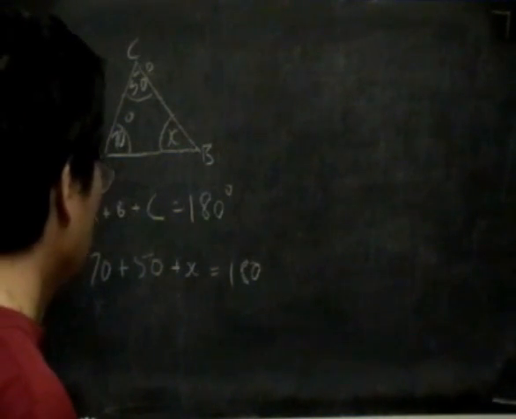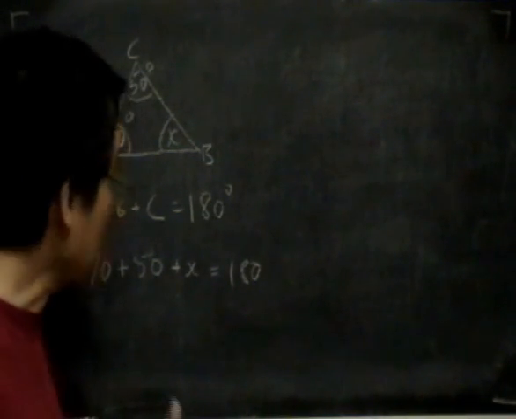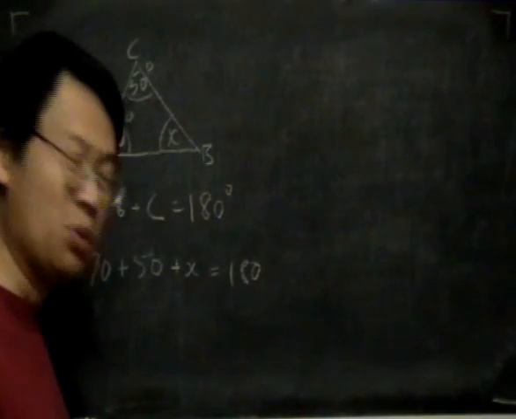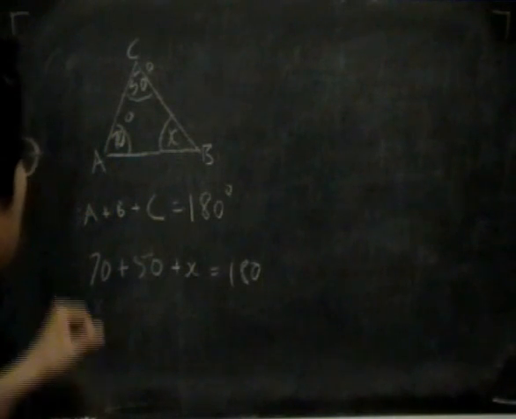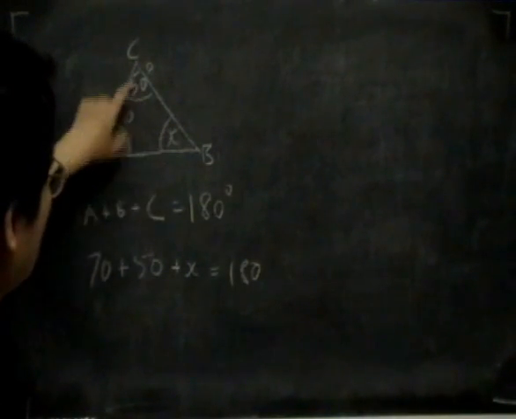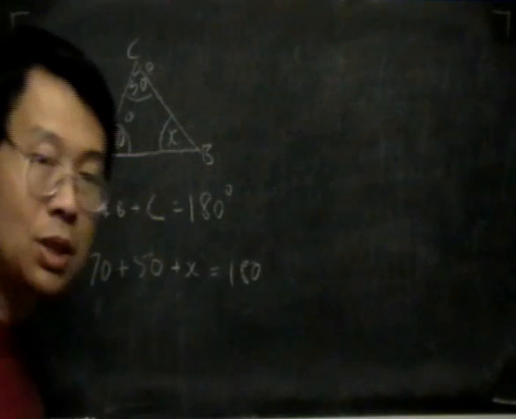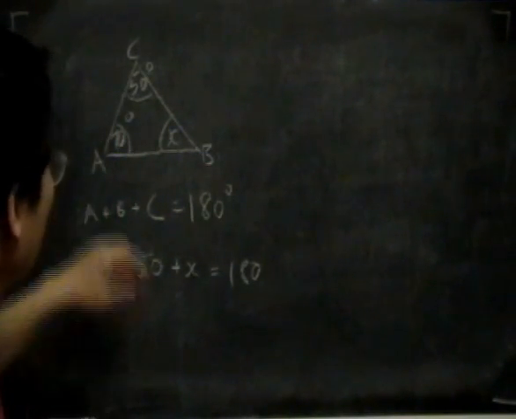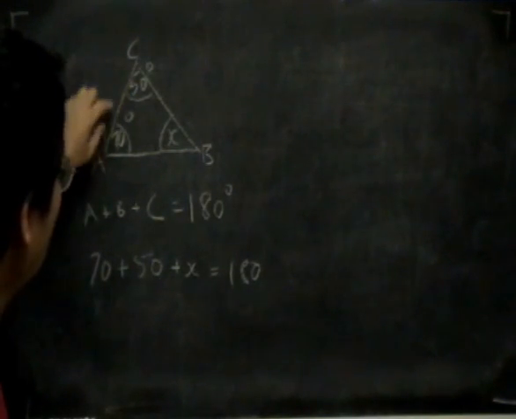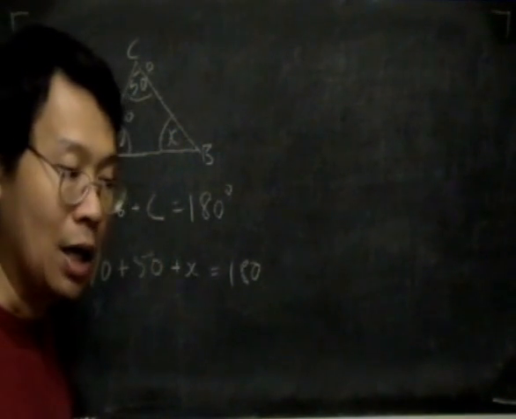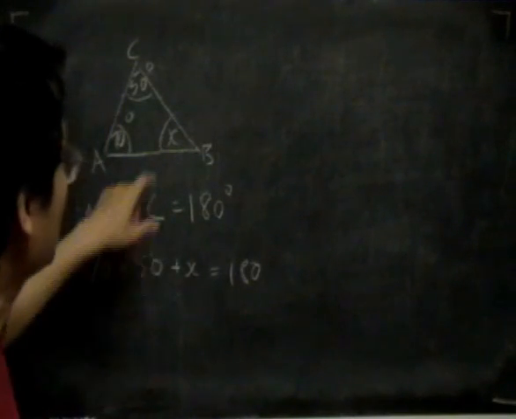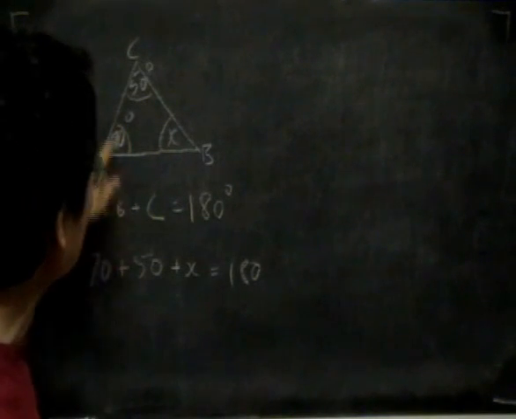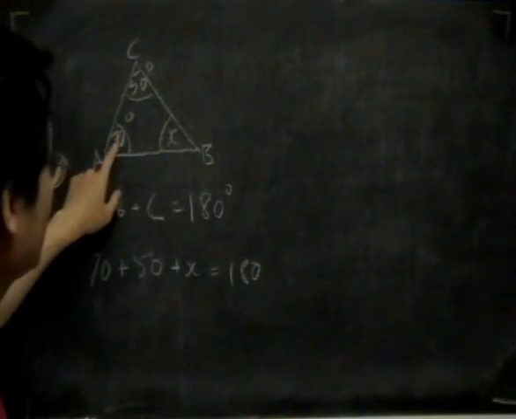Or we can also think this is quite a simple problem. We don't really have to think about algebra actually. If you just look at this figure, when you add up all three numbers, you should get 180. So if you know that two of them are 50 and 70, what is the last one? It's just simple arithmetic. You can find the unknown angle by taking 180 degrees and subtracting that angle and that angle.